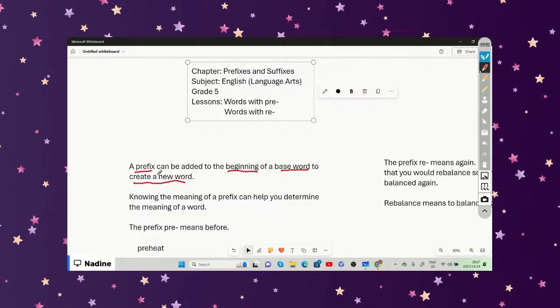The part that is added at the beginning is either just a group of letters or a specific word, but there is a specific meaning to it. That is why we say that knowing the meaning of the prefix can help you to determine the meaning of the word.